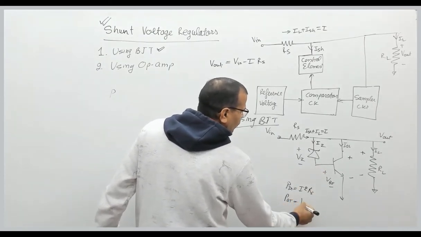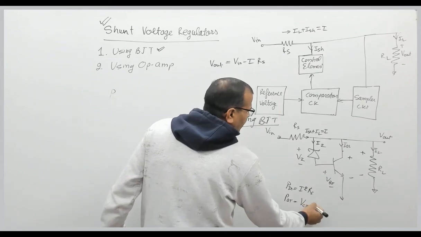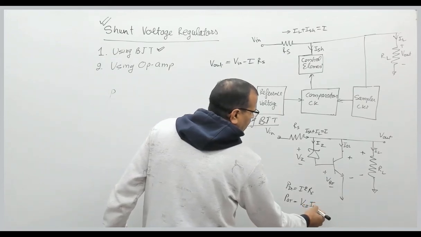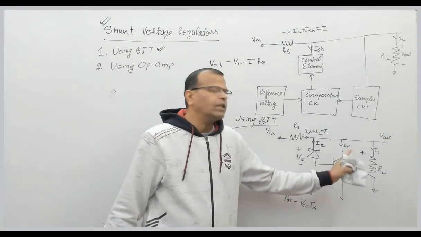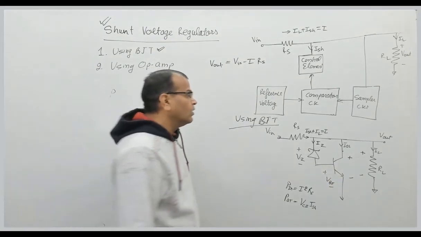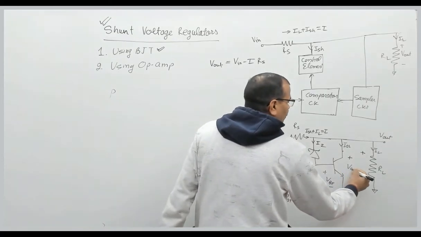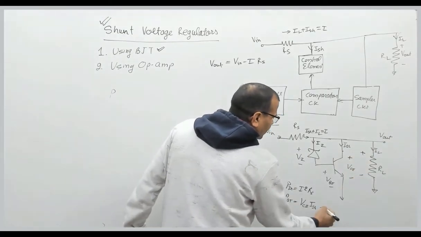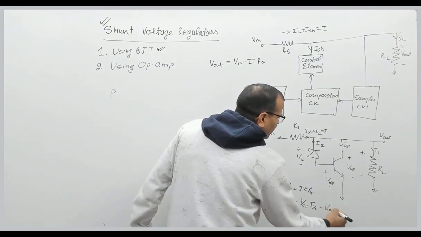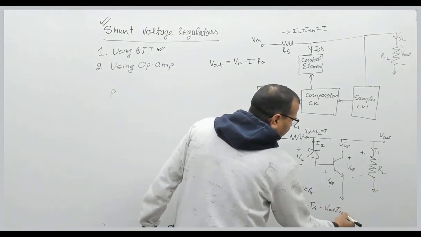That will be equal to voltage VCE multiplied by collector current, right? Why? Because the BJT works like a linear amplifier here. So the voltage drop across the BJT is this, and what is this VC? VC is the same as the output voltage. So V out multiplied by I shunt.